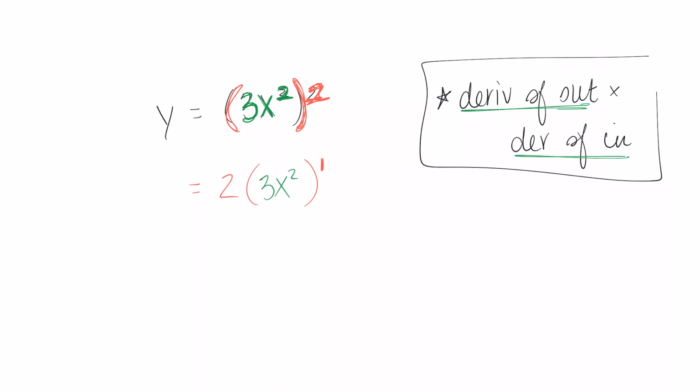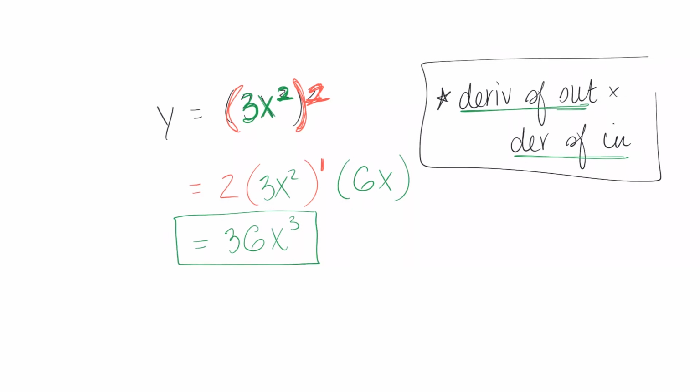The derivative of 3x squared is 6x. There's no addition or subtraction, so I can multiply that all together. 3 times 2 times 6 is 36, x squared times x is x to the third. Derivative of the outside times the derivative of the inside.